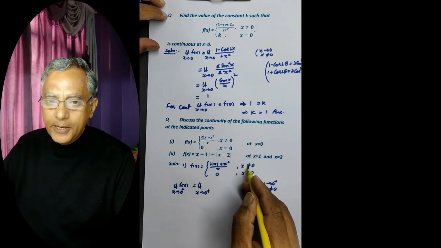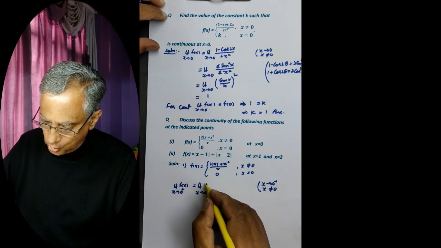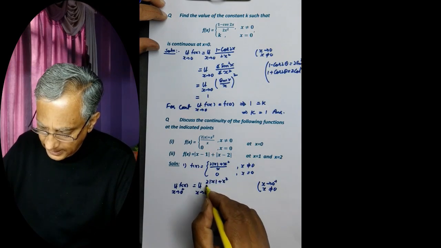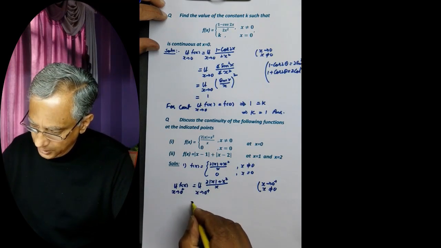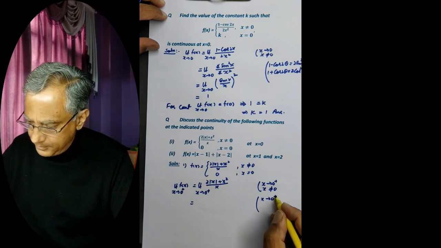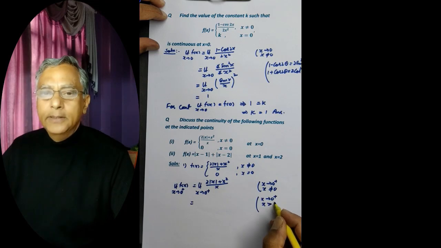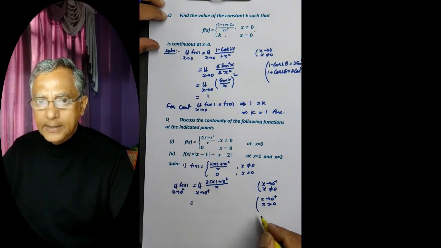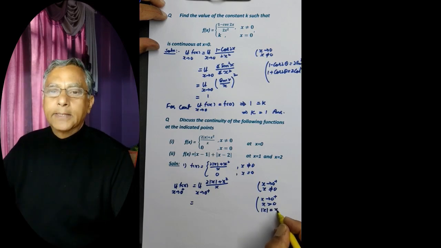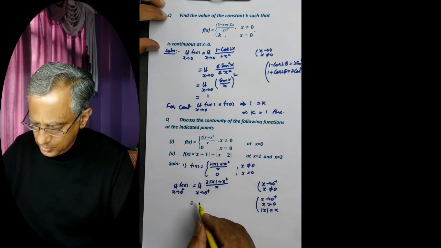So this definition will be used. So (2 mod x plus x square) over x. Now we know that x approaches 0 from positive side means x is greater than 0, and therefore mod of x must be equal to x.